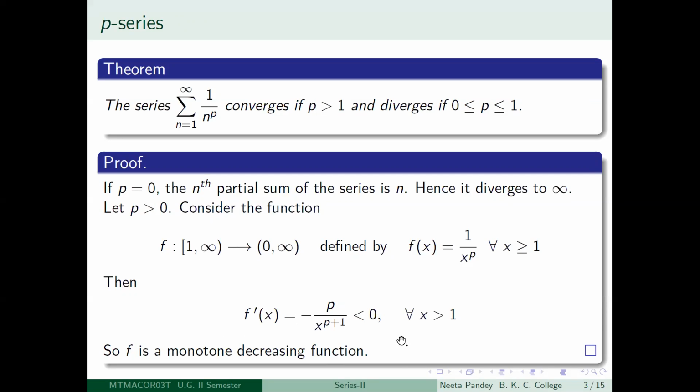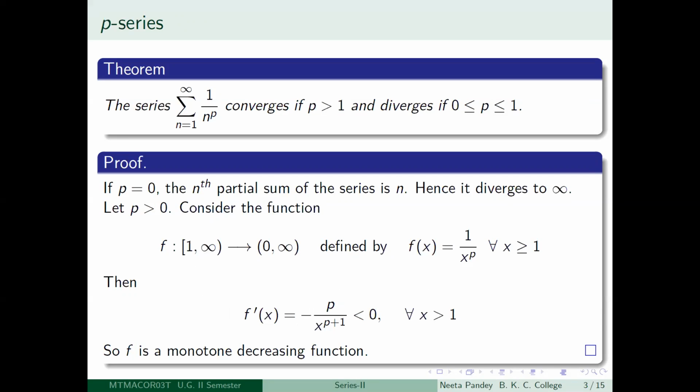So therefore, the derivative is always negative in the domain, the open interval 1 to infinity, because there is a question of differentiability at the point 1. Since we have not discussed differentiability in great detail right now, I just took the open interval 1 to infinity, because you know how to differentiate there.